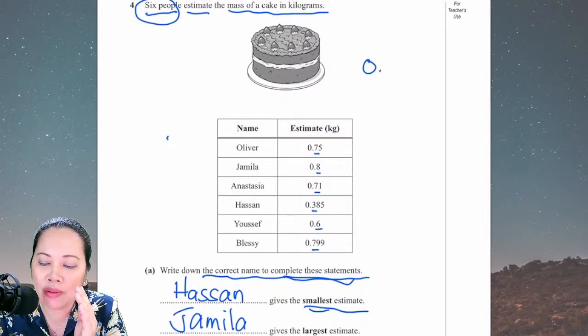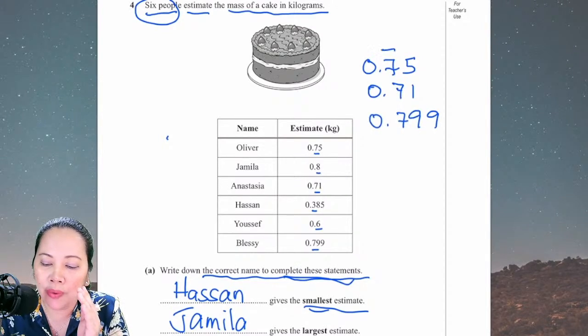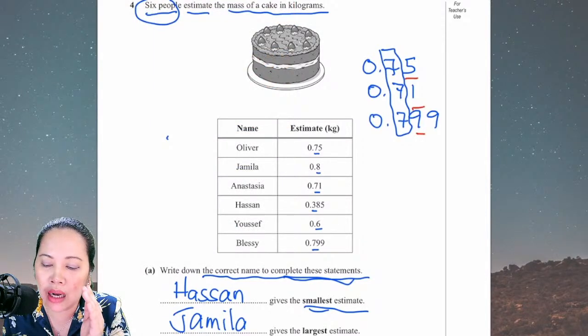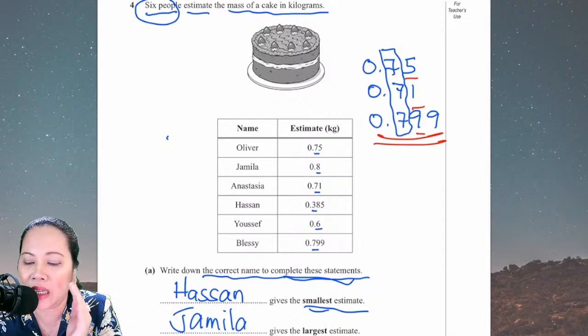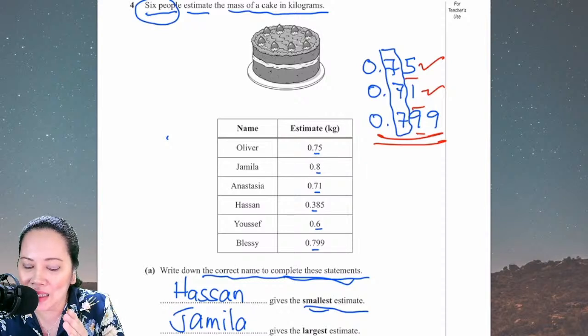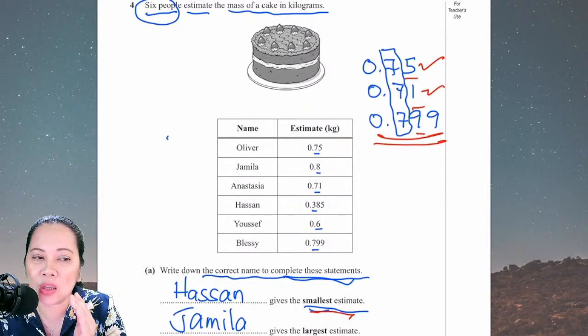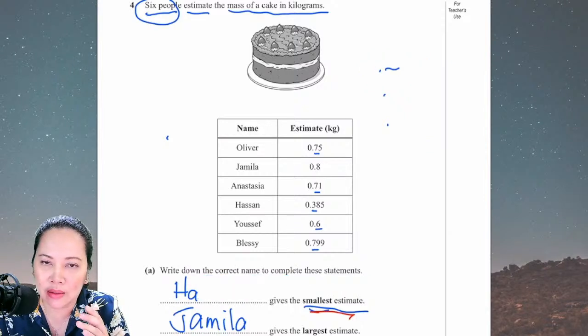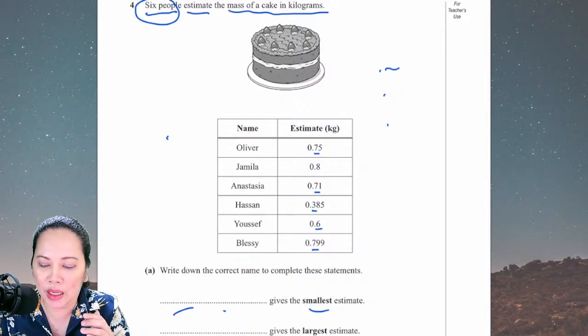But if you have numbers like 0.71, 0.75, 0.799, if all these numbers are the same, you look at the next number. So the highest will be 0.799, followed by 0.75, followed by 0.71. Okay? So Hassan has the smallest estimate. Jamila has the largest estimate. All right? Okay.